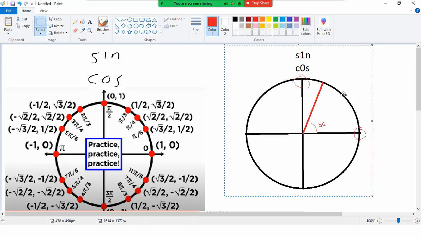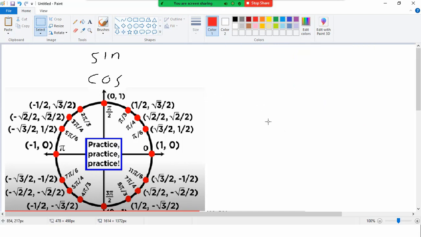I'm just going to cut this so I can bring it back. I have a piece of wood.